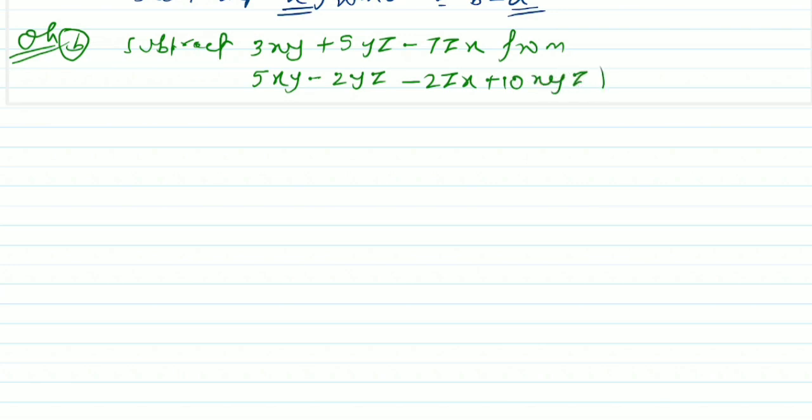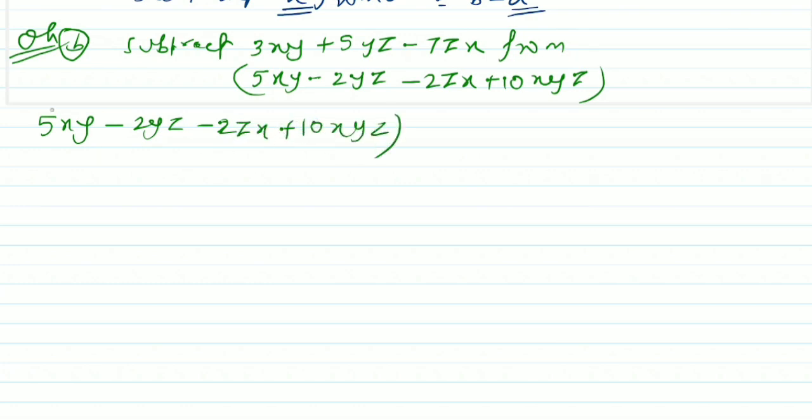We have to subtract from this, right? So we are going to write this first. 5xy minus 2yz minus 2zx plus 10xyz. From this we have to subtract this first term, which was 3xy plus 5yz minus 7zx.